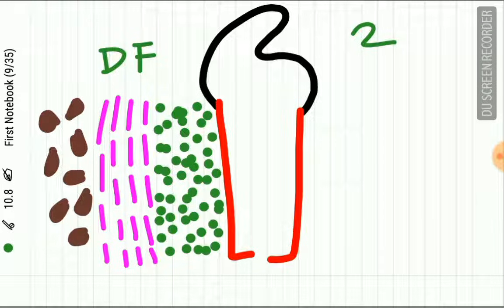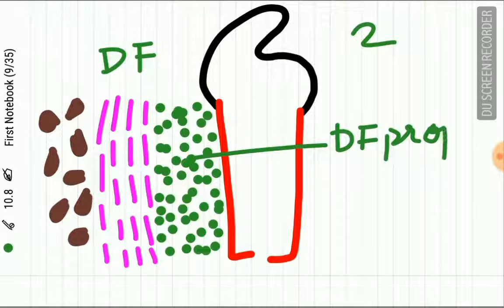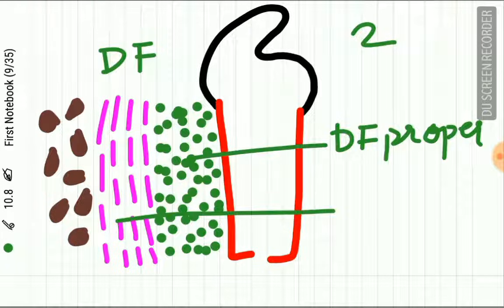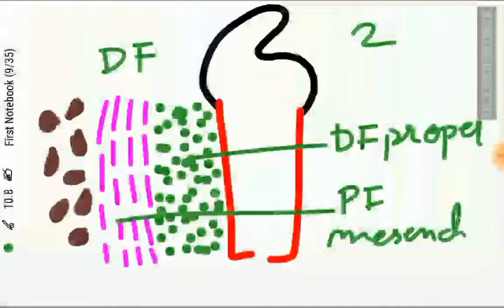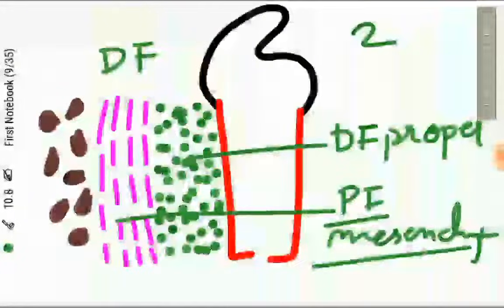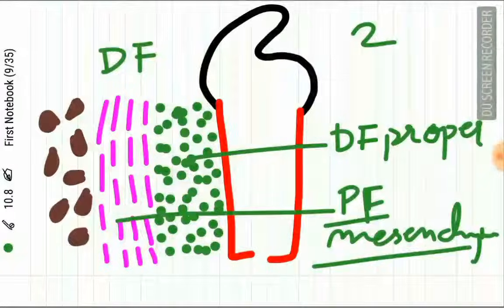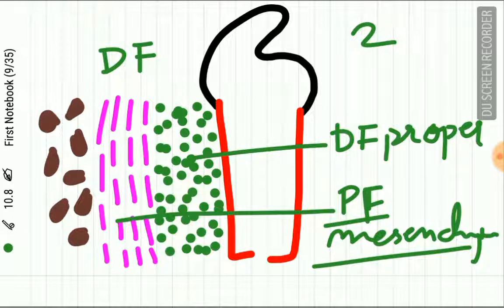The first population of cells is called the mesenchymal cells of the dental follicle proper, and the other population of cells is the perifollicular mesenchyme. Now remember, this perifollicular mesenchyme, which surrounds the dental follicle proper and is shown by pink lines, these cells are responsible for the formation of the collagen fibers of the periodontal ligament.